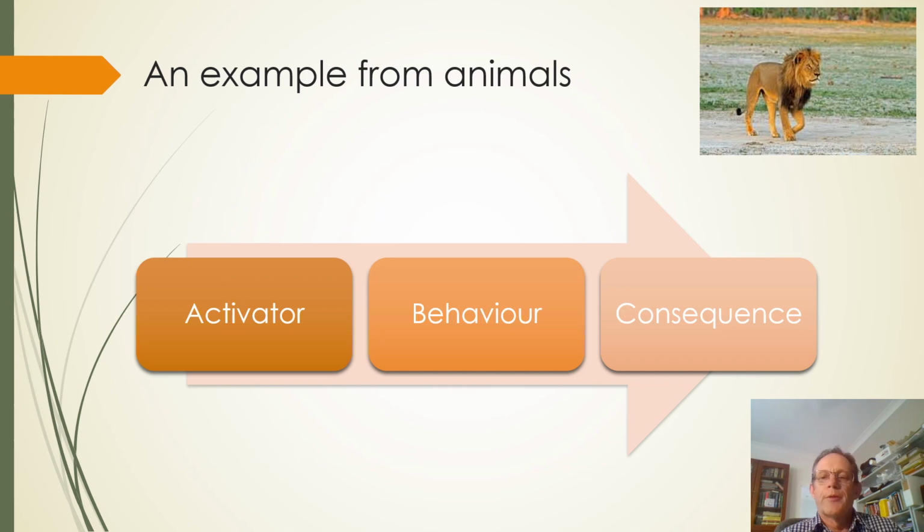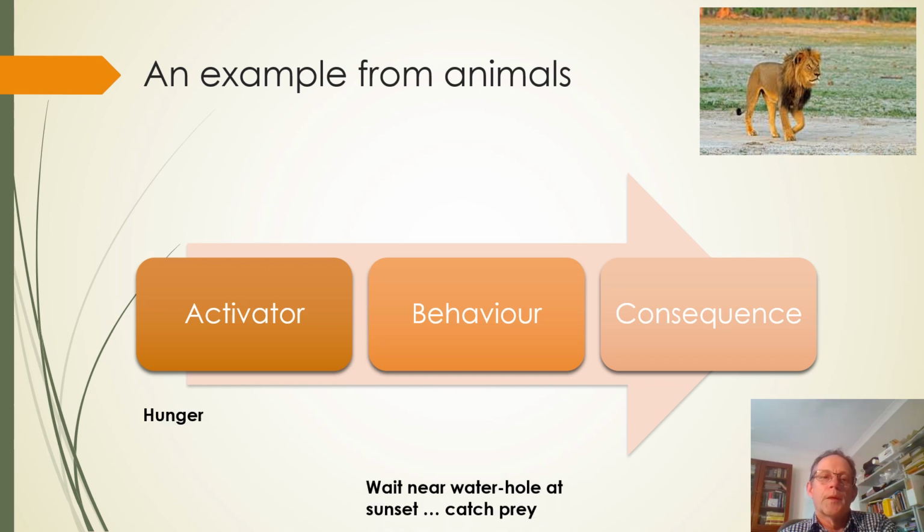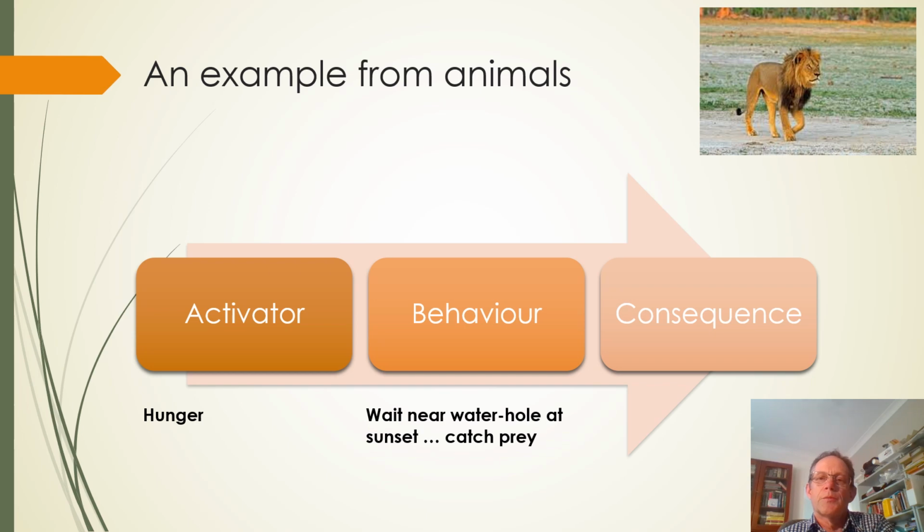Let's look at an example from nature now. We have a lion which is hungry. It has observed in the past, as a cub, watching its parents wait near a waterhole at sunset. Other animals come along to drink. They catch their prey. They relieve their hunger. Without associated learning, creatures would not be able to stay alive.